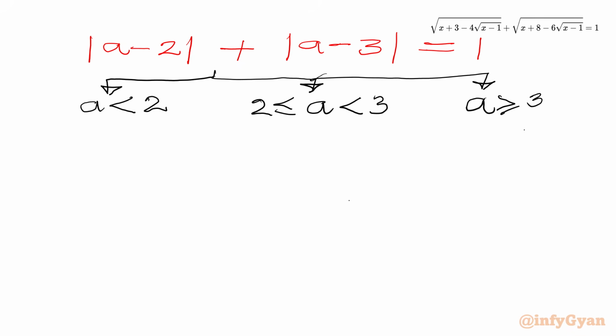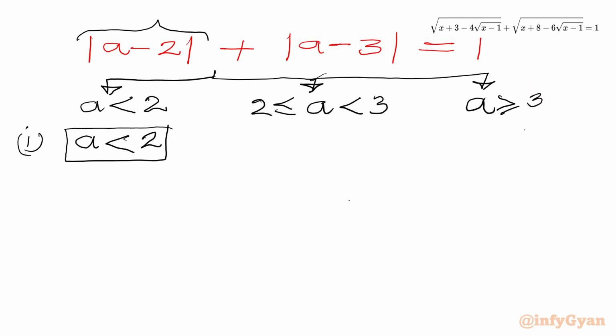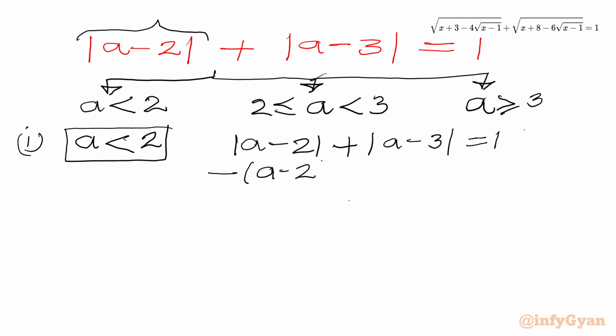So let's begin with the first case. Here a is less than 2. Once a is less than 2, mod of a minus 2, as per definition, would be negative. So we will write the equation mod of a minus 2 plus mod of a minus 3 equal to 1. Here we will write minus of a minus 2. If a is less than 2, mod of a minus 3 would also be negative, so we will write minus of a minus 3 equal to 1.